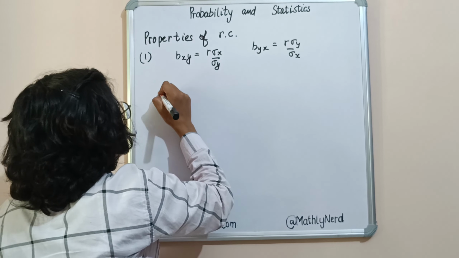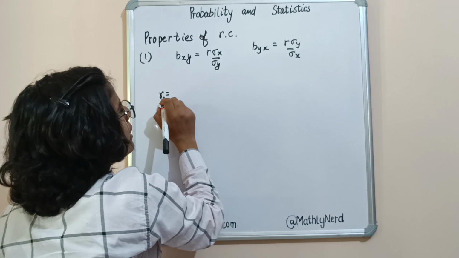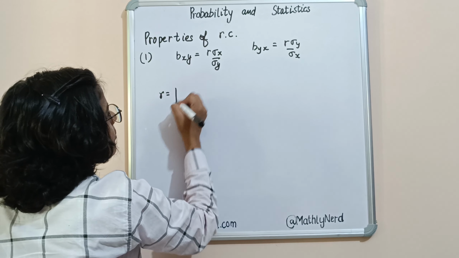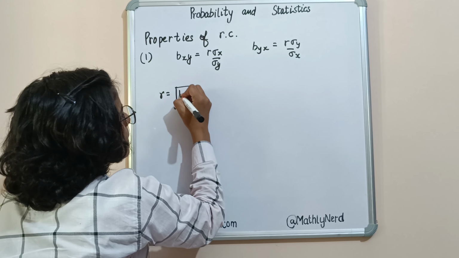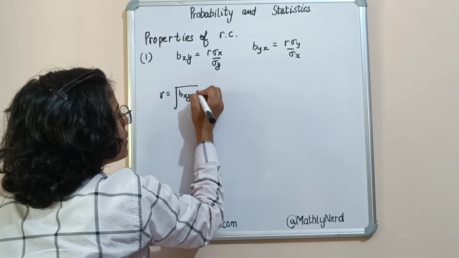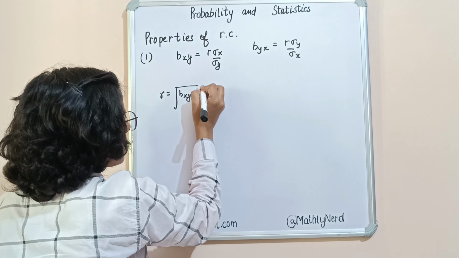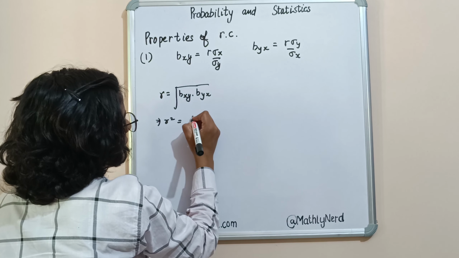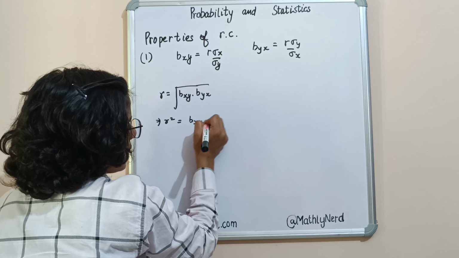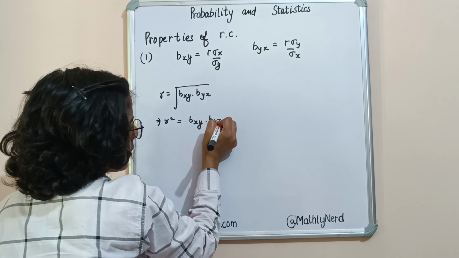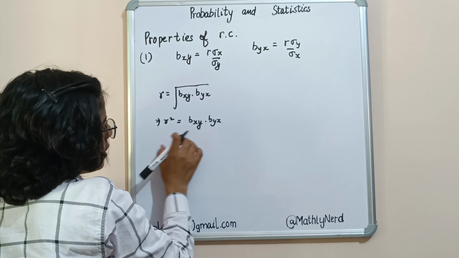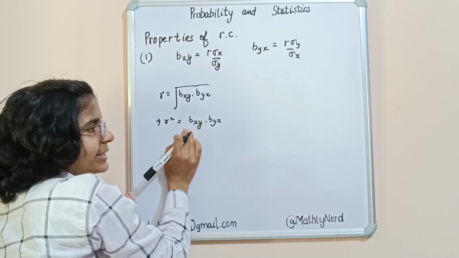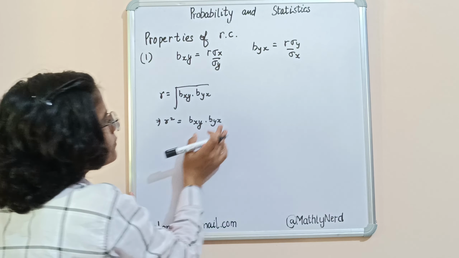If r is the geometric mean of bxy and byx, then r should be equal to the square root of bxy times byx. That means r square equals bxy times byx. We have to prove this to say that r is the geometric mean of bxy and byx.